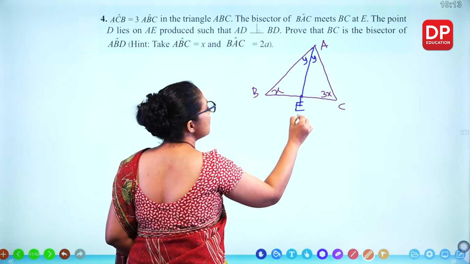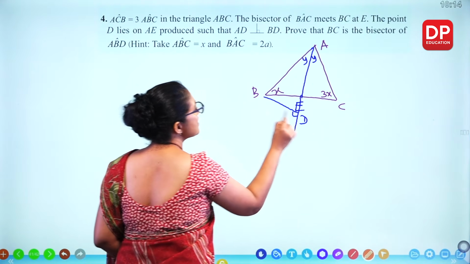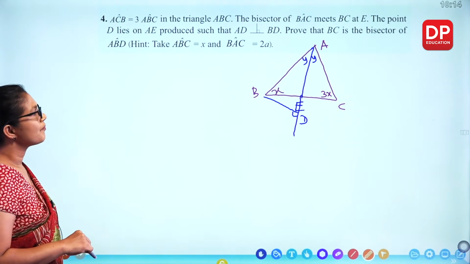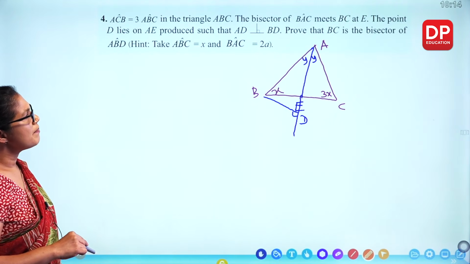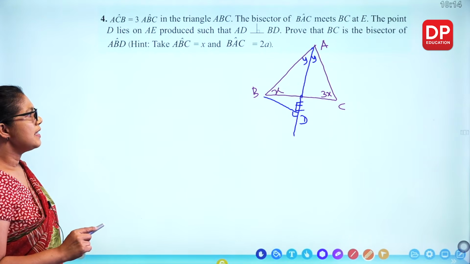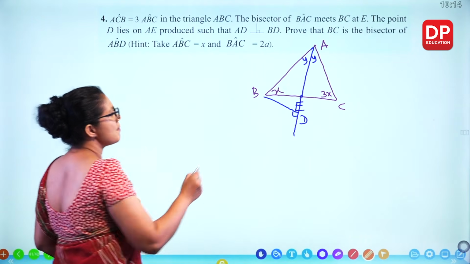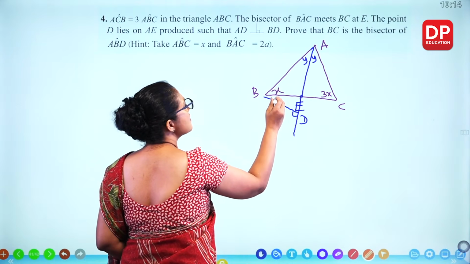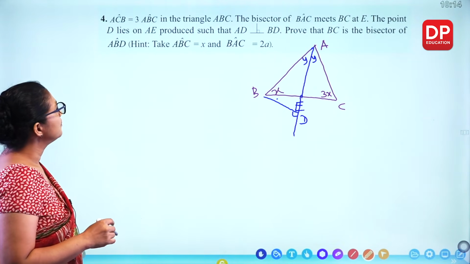When you extend the line, this is perpendicular and that's D. Prove that BC is the bisector of ABD. BC is a bisector means you have to show that this angle and this angle both are equal.